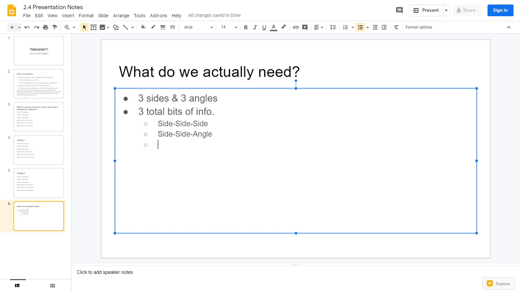So it would be a side, then another angle. Or we could have a side, and then instead of an angle on the outside, we could have an angle on the inside. We could also have a side and two angles.